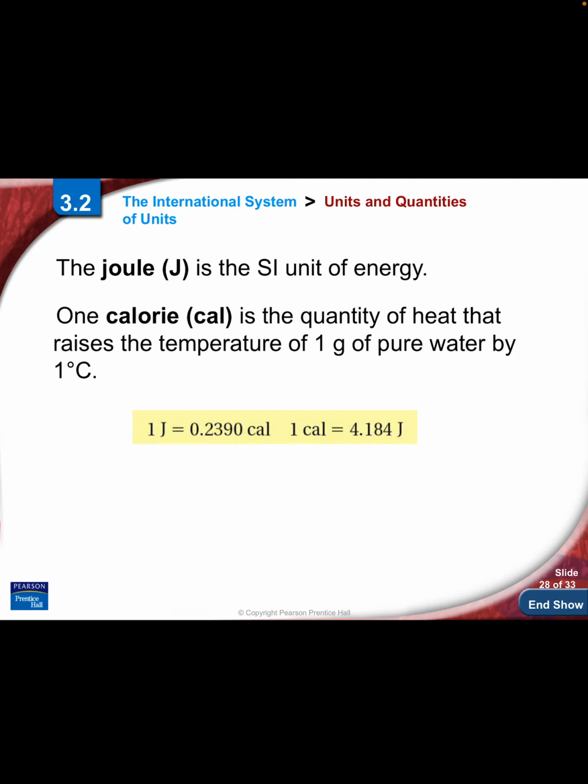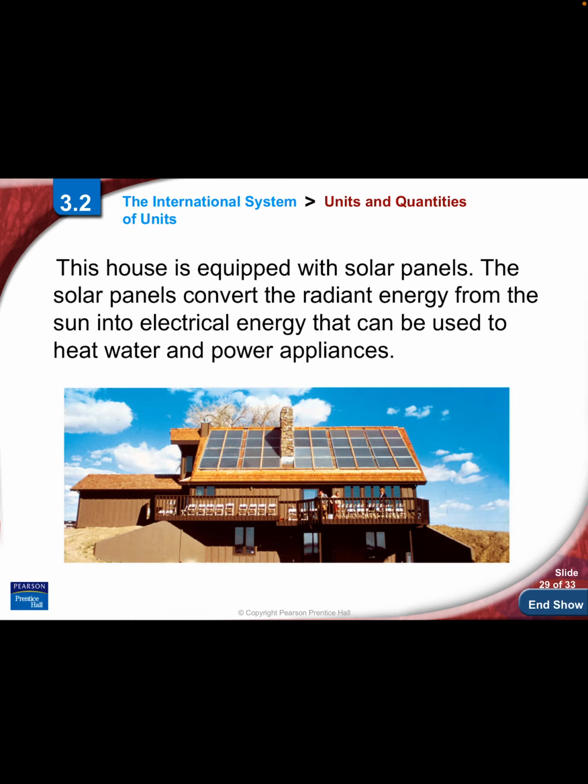A calorie is the quantity of heat required to raise 1 gram or 1 milliliter or 1 cubic centimeter of pure water by 1 degree Celsius. 1 milliliter of water weighs 1 gram. And so that's a calorie. And of course, there are 4.184 joules per calorie. We'll worry about that much later in the course when we get to thermodynamics.